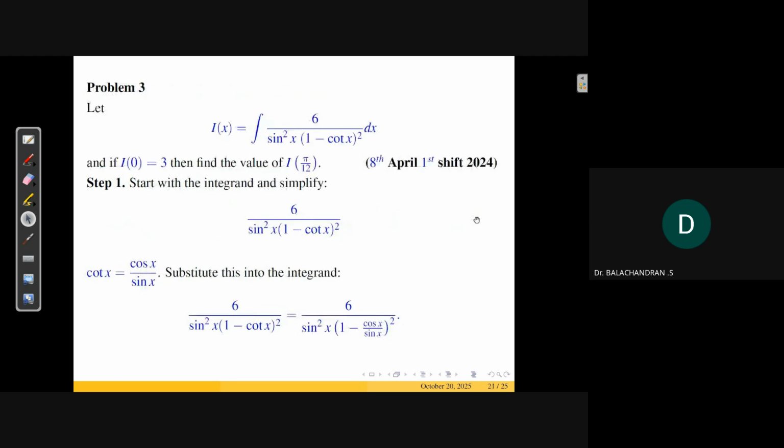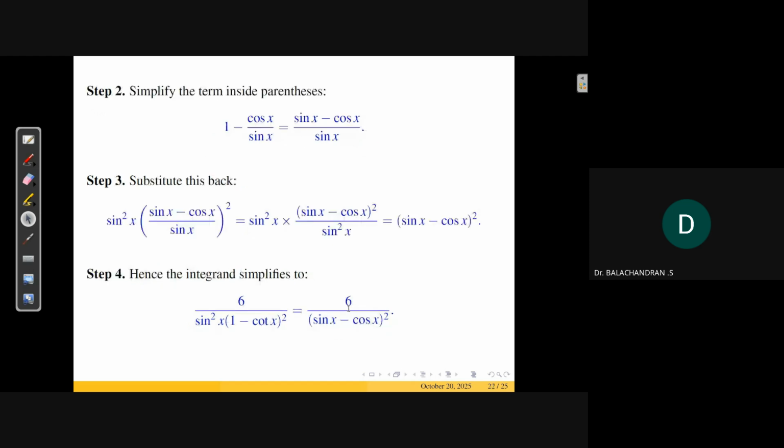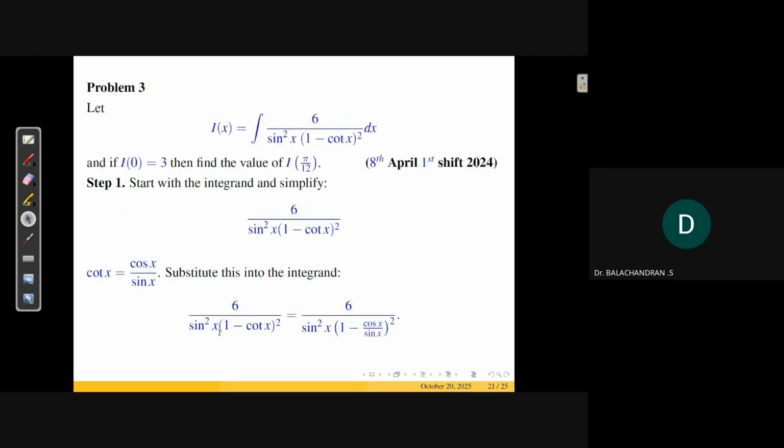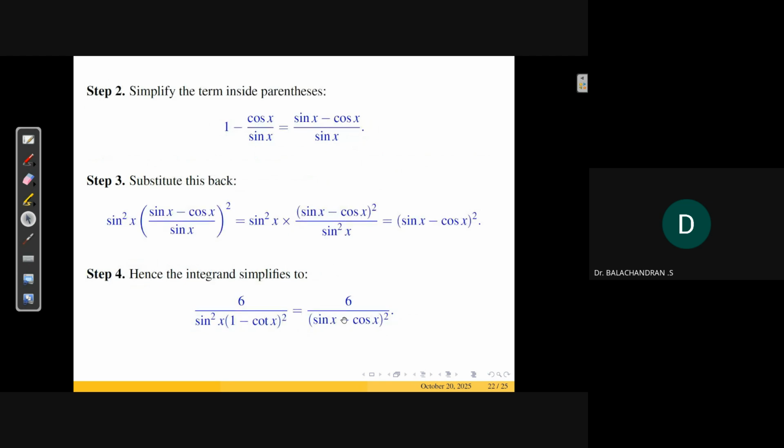This is the denominator I simplified. The numerator is 6. So that's why the integrand is 6 by sin x minus cos x whole square.